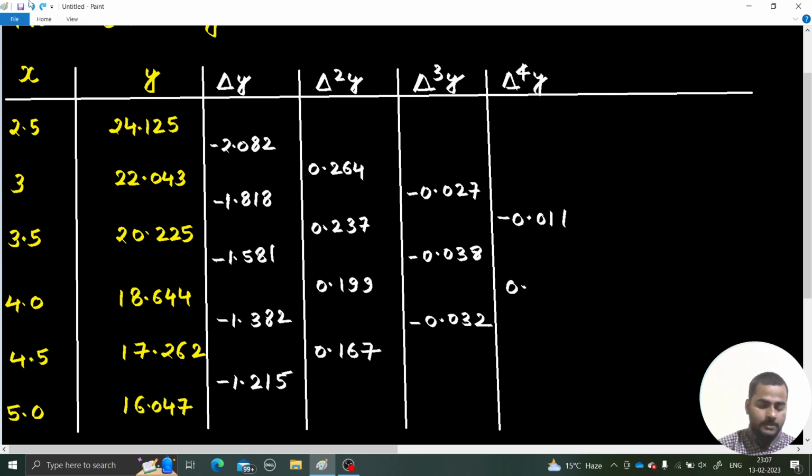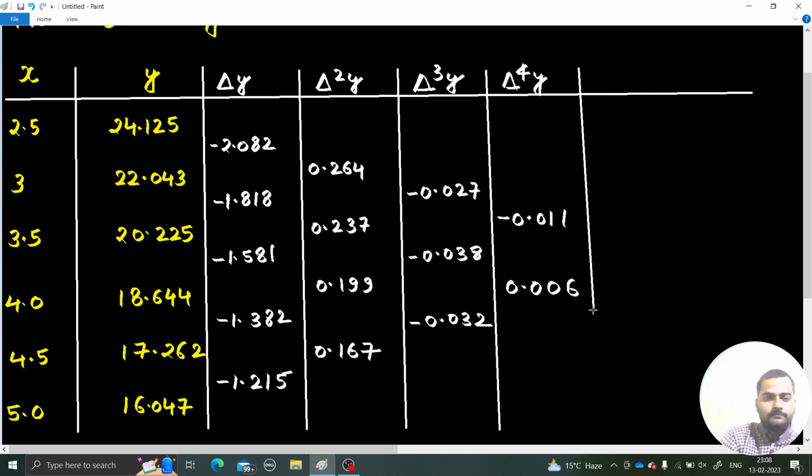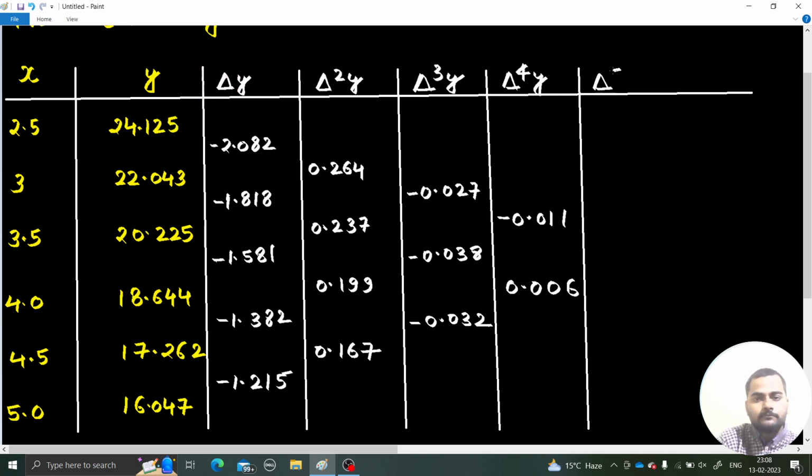Minus 0.032 plus 0.038. Last one, let me check it with the textbook that I have.